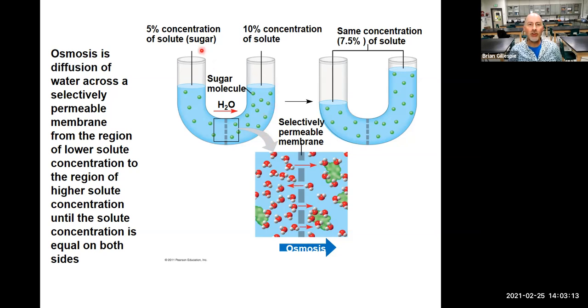But the larger sugar molecule, it looks like we're dealing with sucrose, which is a disaccharide molecule. We have different concentrations of sugar. On the left side of the tube is a 5% concentration of sugar versus the right side of the tube, which is a 10% concentration. So we have double the concentration on the right side of the tube.